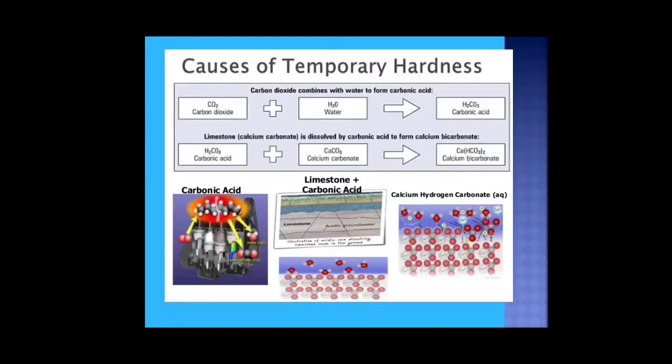So how does it happen? When carbon dioxide mixes with water, water forms carbonic acid. So CO2 plus H2O gives us H2CO3, which is carbonic acid. This carbonic acid reacts with calcium carbonate to give us calcium bicarbonate. Now calcium carbonate does not dissolve in water, but calcium bicarbonate can dissolve in water.